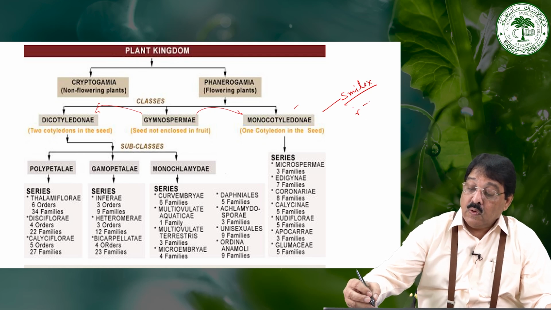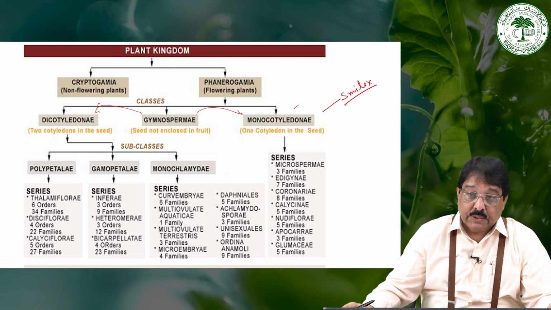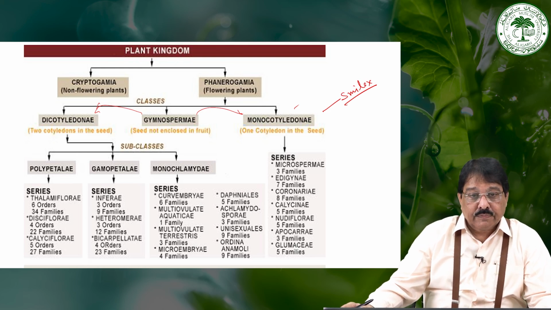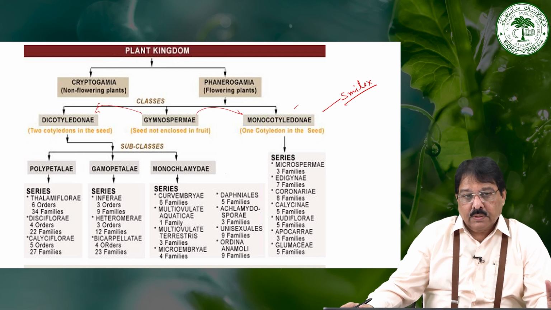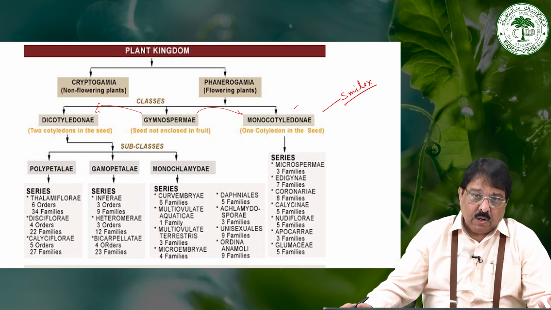Otherwise, all the monocots have parallel venation. So, on the basis of the leaf venation, you can identify that this one is the dicot and this one is the monocot. Then, if I provide you the flower, would you be able to identify which one is the monocot and which one is the dicot?